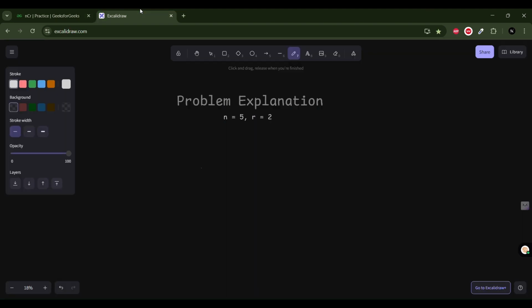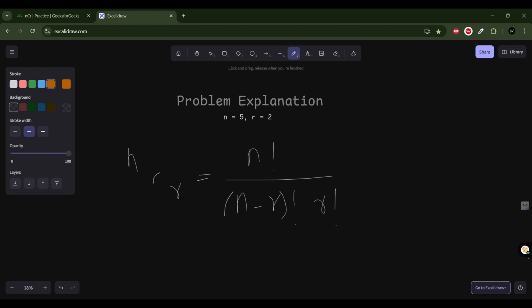We know the formula for nCr is n factorial upon n minus r factorial and r factorial.